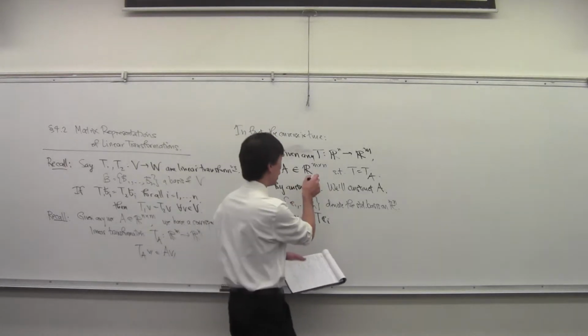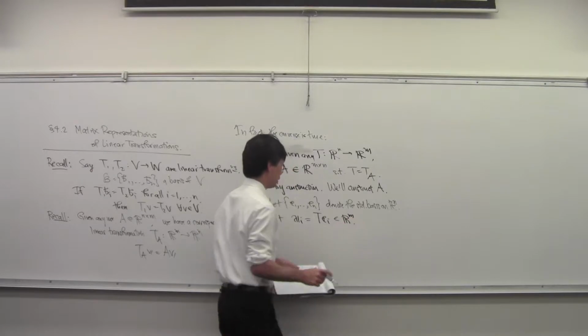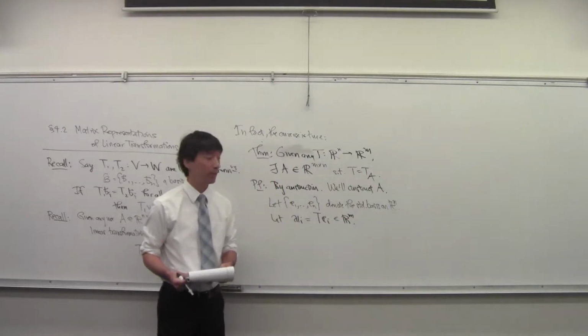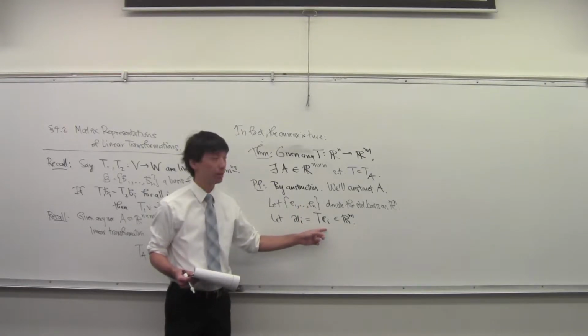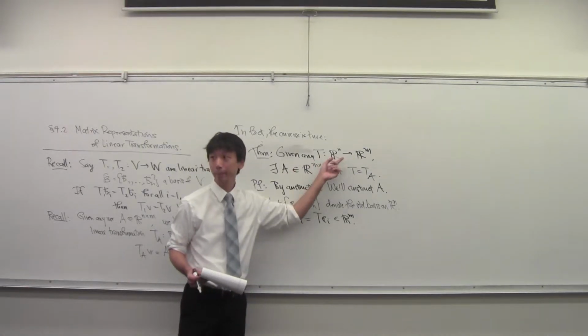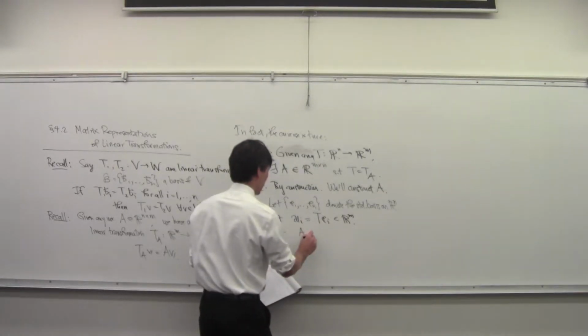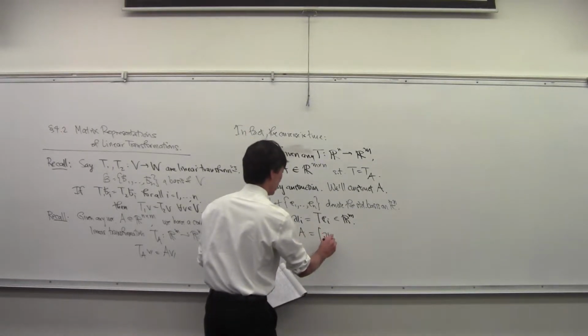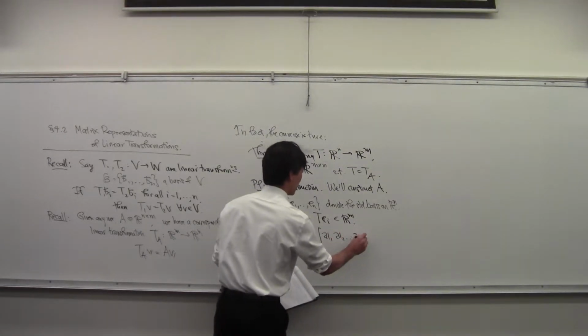T of ei is going to be in R^m, because T maps from R^n to R^m. And we'll let A be the matrix where these little a's are the columns.